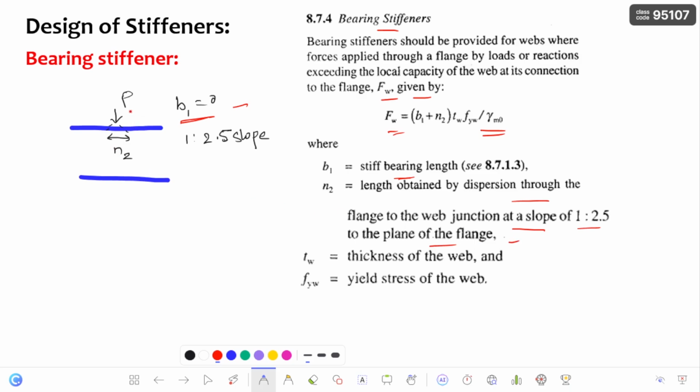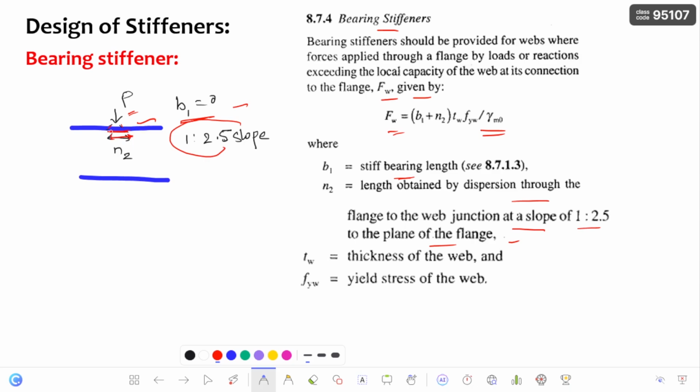So the load which is acting is spreading at a slope of 1:2.5. Whenever it is dispersing at a 2.5 slope, at the junction of flange and web, you have to consider this N2 length.